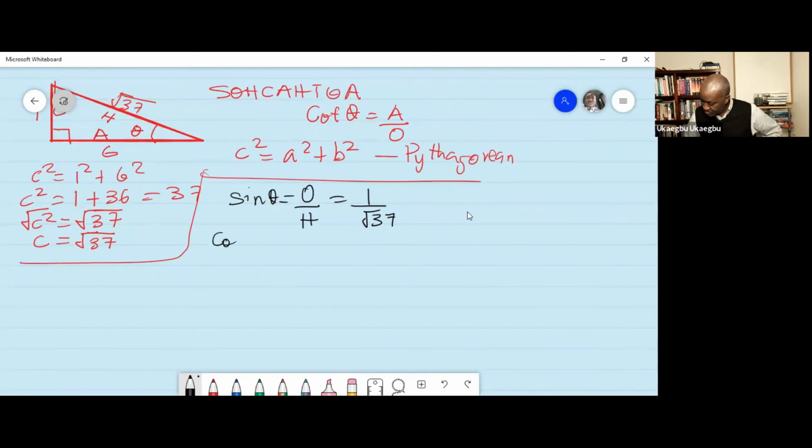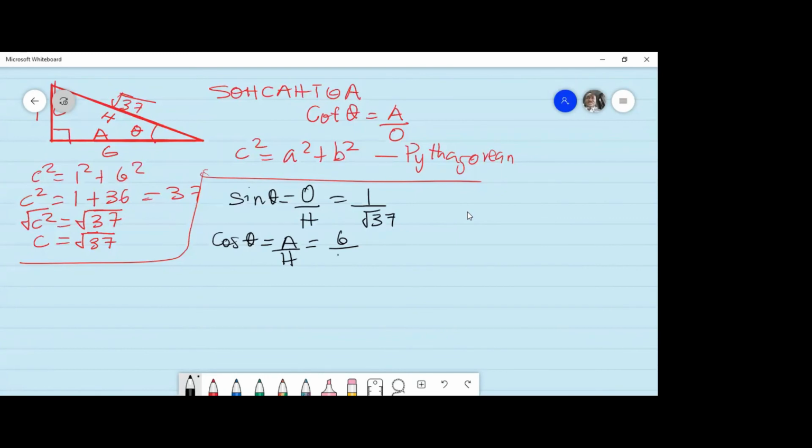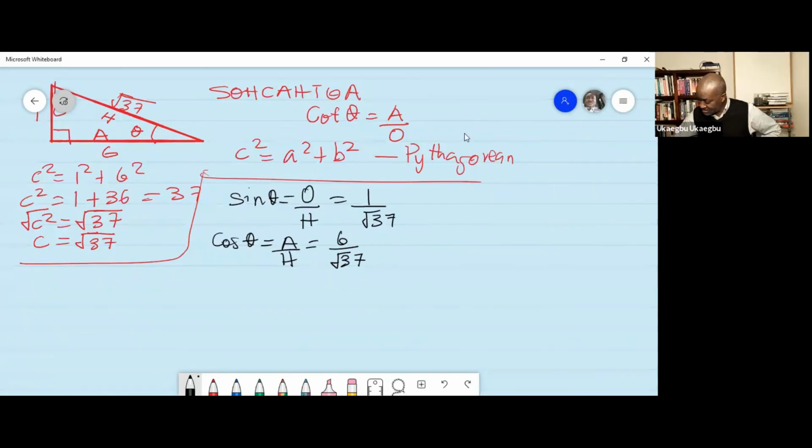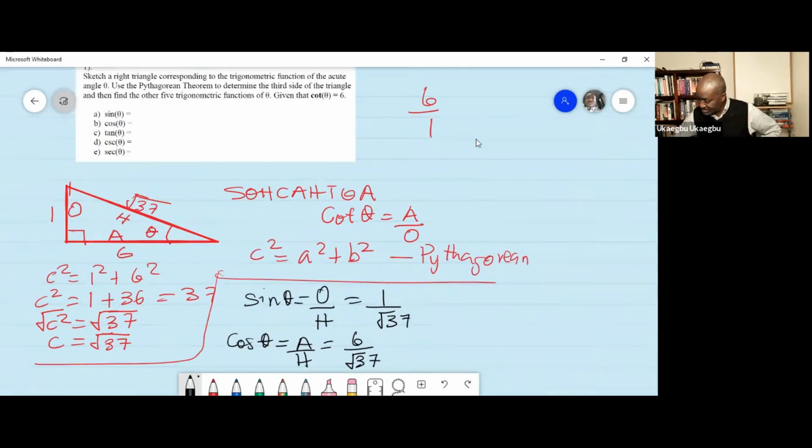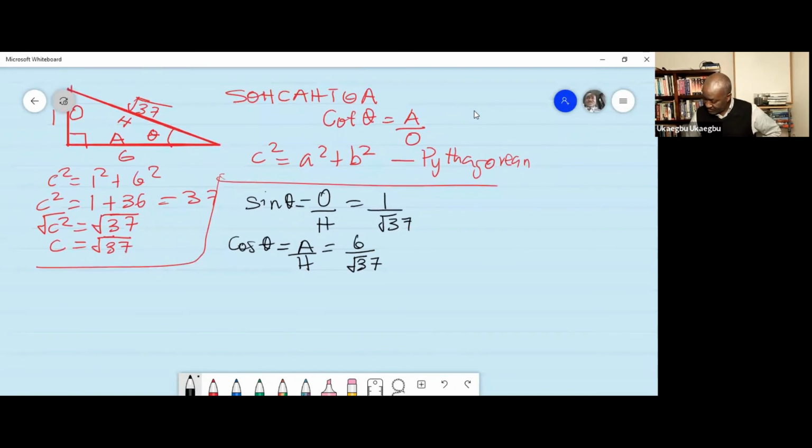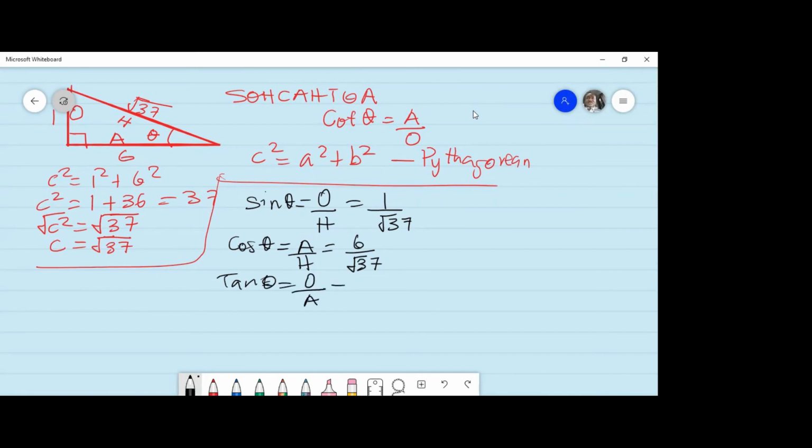Cos theta is adjacent over hypotenuse. In this diagram, adjacent is 6 and hypotenuse is square root of 37. Next, find tangent theta. Tangent theta is by SOHCAHTOA opposite over adjacent, which is 1 over 6.